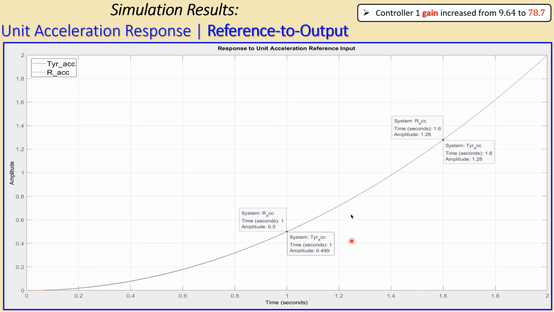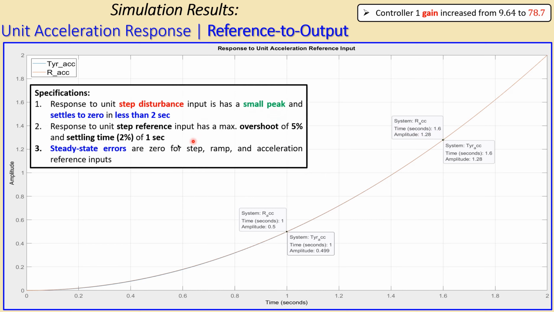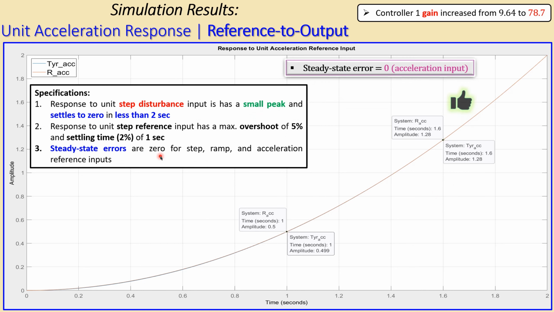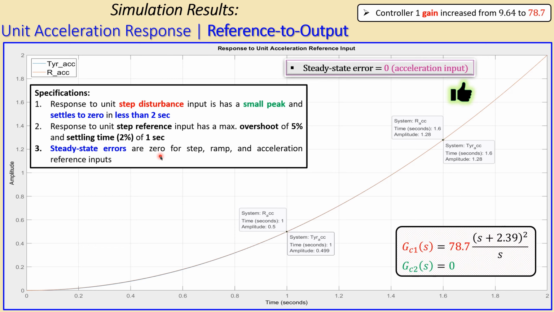But again, don't look at it at the early stage, so if you go further, let's say at 1.6 seconds, it is an amplitude of 1.28 and also 1.28 for my response. So again, looking at the specifications, I have 0 steady state error for acceleration input, and that is actually what we wanted. And again, we meet the specifications also for ramp and acceleration response.